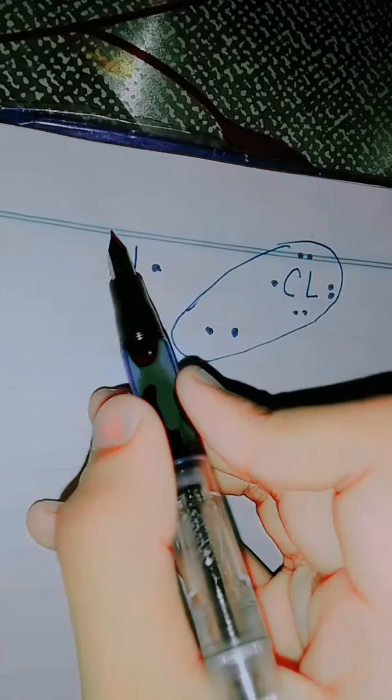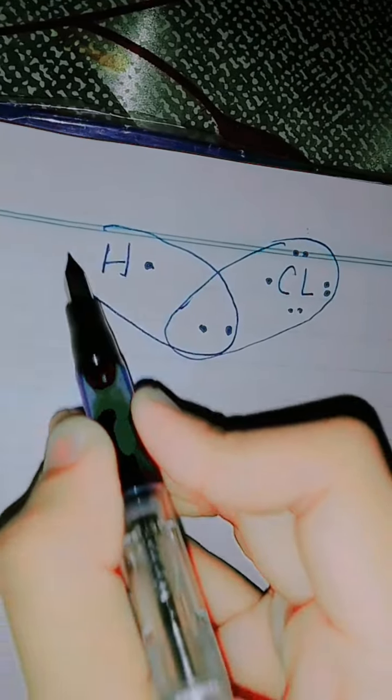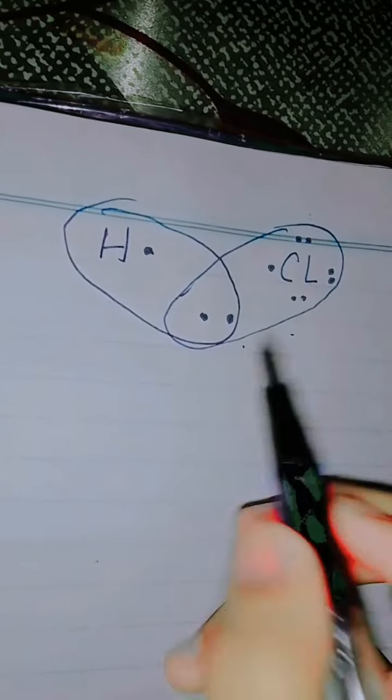Chlorine will share its electron, and from here hydrogen will share its electron. There will be sharing on both sides, so the nuclear force increases on both sides. So chlorine will attract the shared pair of electrons, and hydrogen will also attract the shared pair of electrons. So both will get stabilized, both will complete their octet.